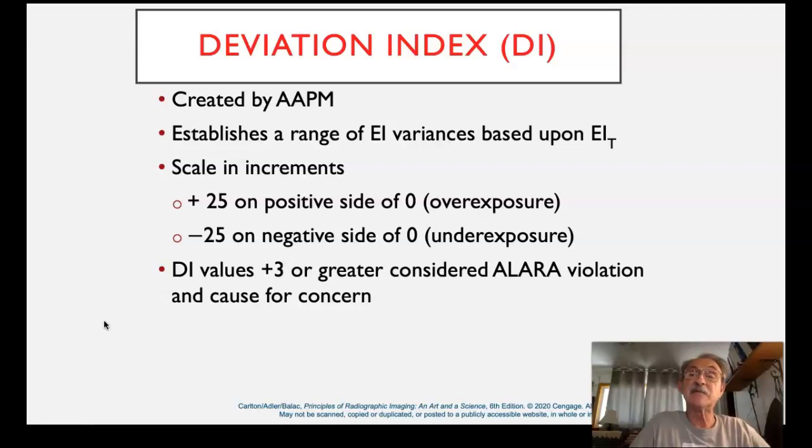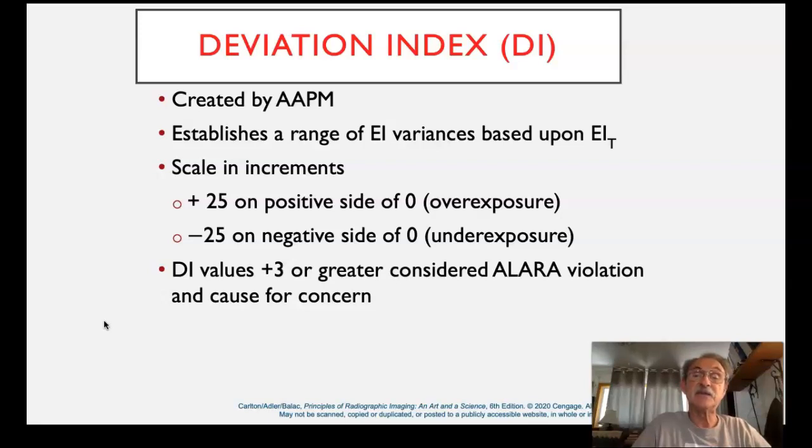Deviation index number, that was developed by the American Association of Physicists in Medicine, and what they did was they came up with a system that establishes a range of exposure index variances based on the exposure index target. And they scaled it in increments of -6 to +6.